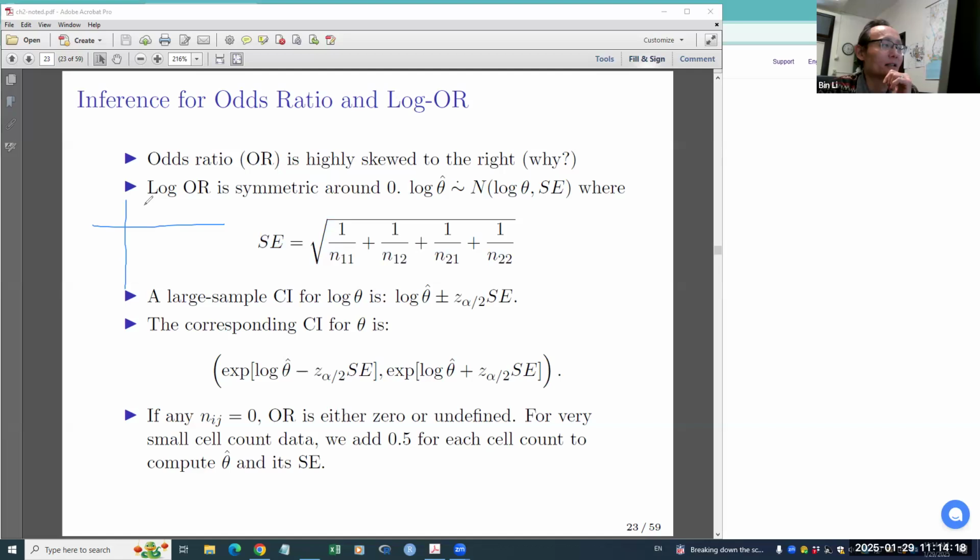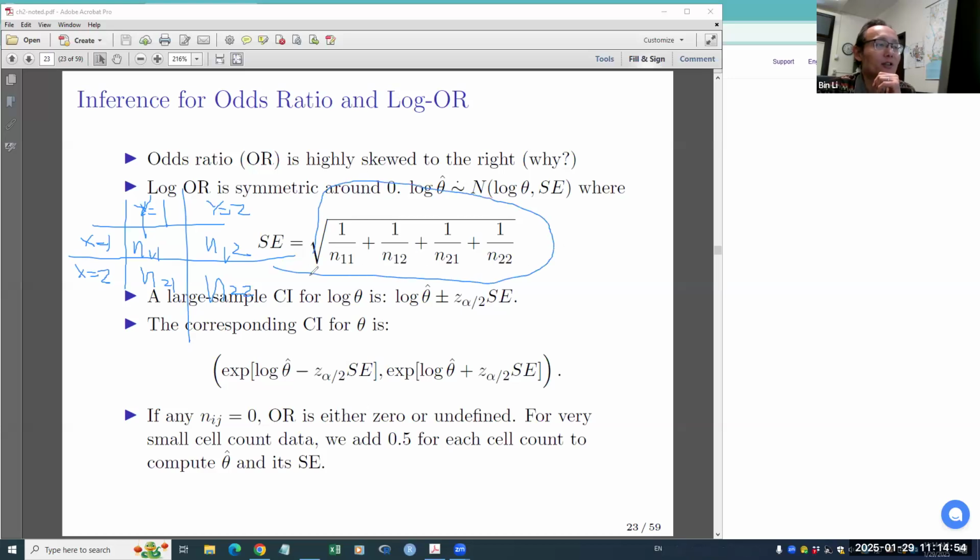Let's say y equals 1 and y equals 2 are the columns, and x equals 1 and x equals 2 are the rows. So we have n11, n12, n21, and n22. Okay, so the standard error is this one for the log of the odds ratio.